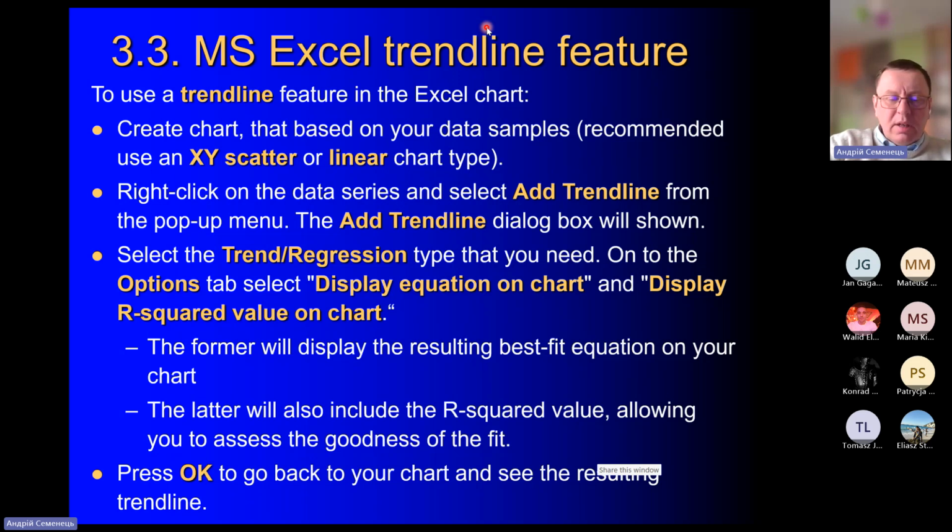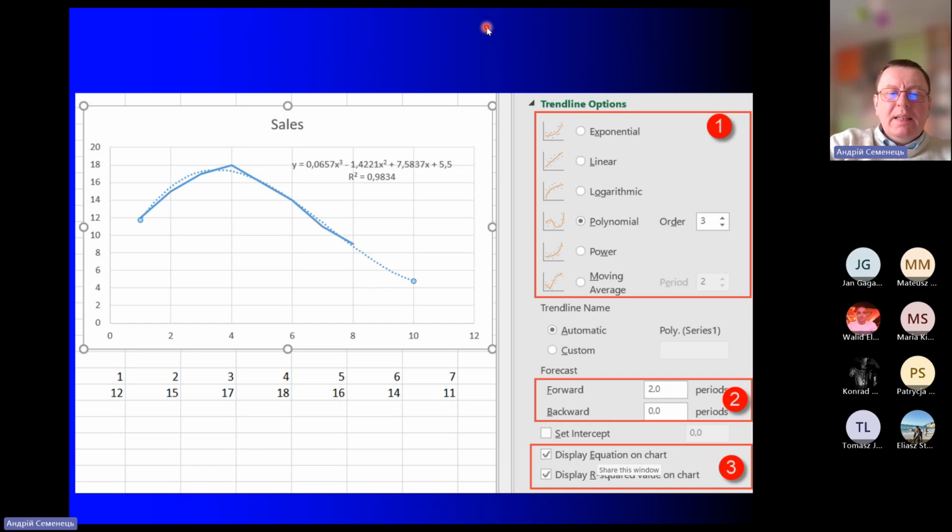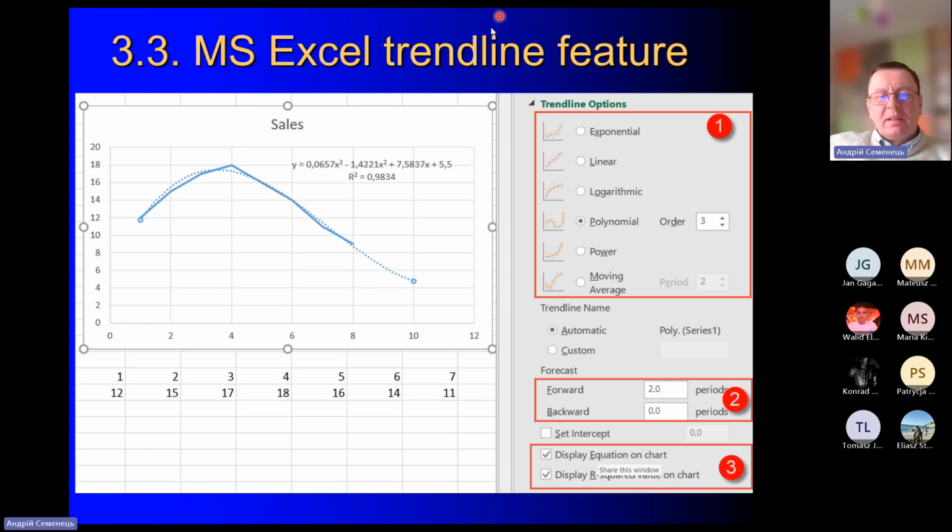First of all, you have to visualize your data with the proper type of chart, and then you can easily add the trend line to your data series, and Excel will automatically give you the appropriate mathematical model, and it will look something like here. With the bold line, we have our sample data. With the dotted line, we have, in this case, a third order polynomial.